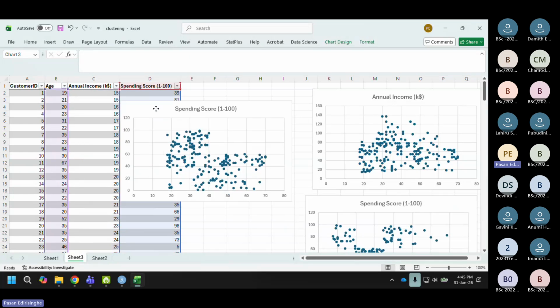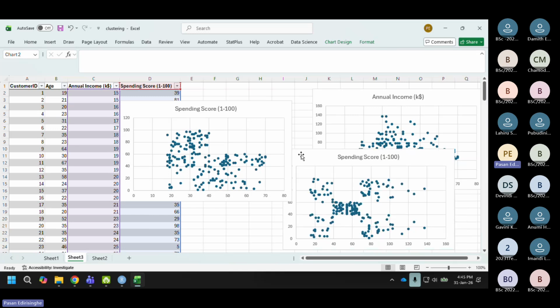So you can see that this is the age and the spending score. You can see two clusters, right? And this is the age and the annual income, and it's kind of like one cluster, right? And this is the annual income and spending score. You can see kind of like four or five clusters.